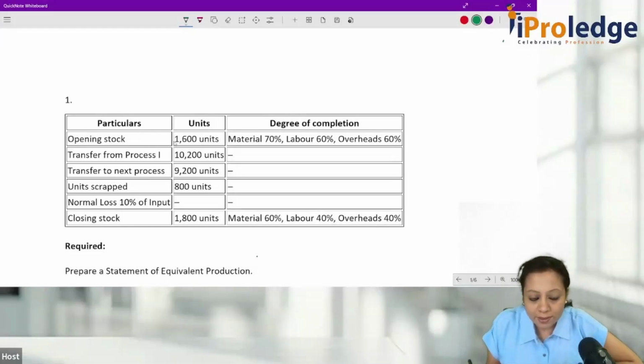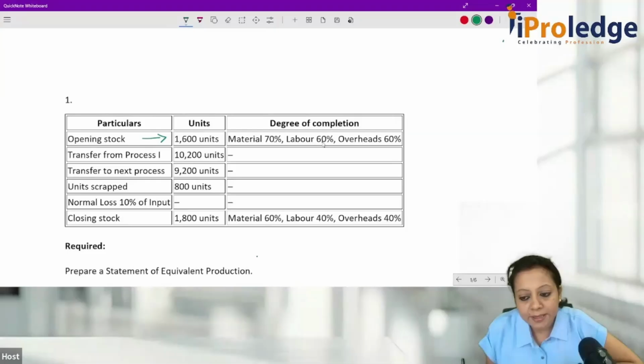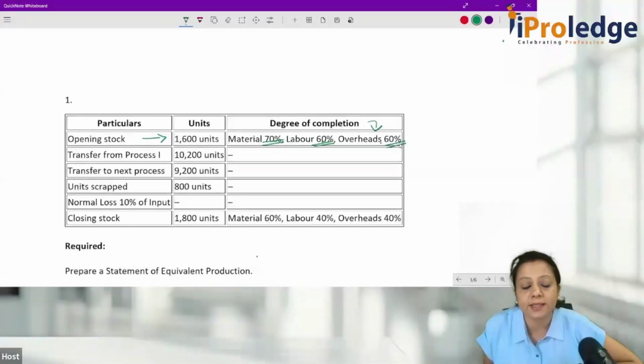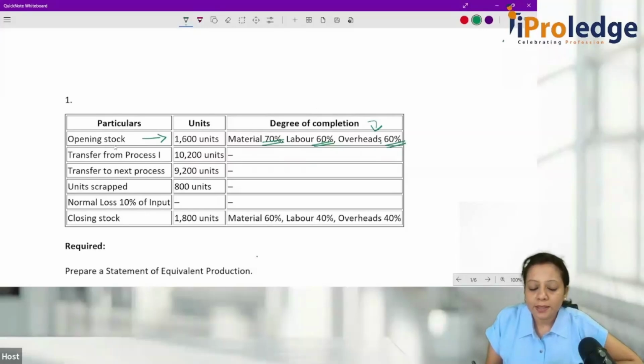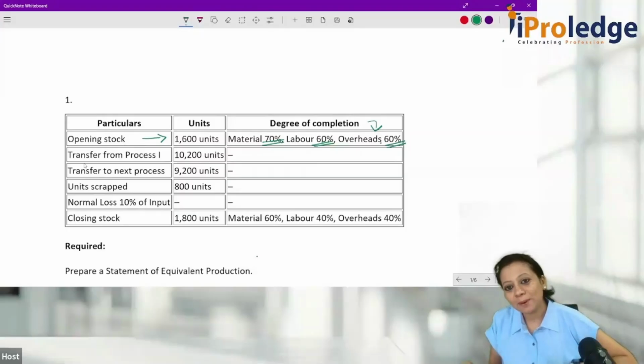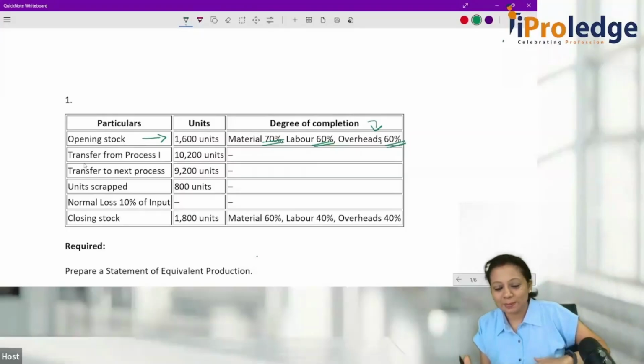All right, now starting with opening stock: 1,600 units, material 70%, labor 60%, and overheads 60%. This is the degree of completion. So opening stock is completed to the extent of material 70%, labor 60%, and overhead 60%. It is opening WIP, because it is work in progress from the previous process to the current process.